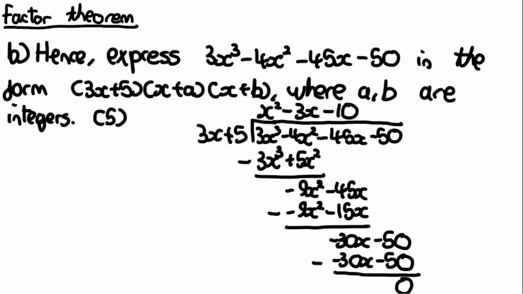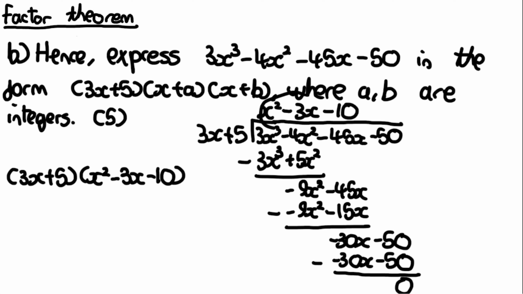Okay, and then we can write it in this form here, using the answer up here to do 3x plus 5 times x squared minus 3x minus 10 from up here, and then we can just factorize the quadratic into these two brackets here.